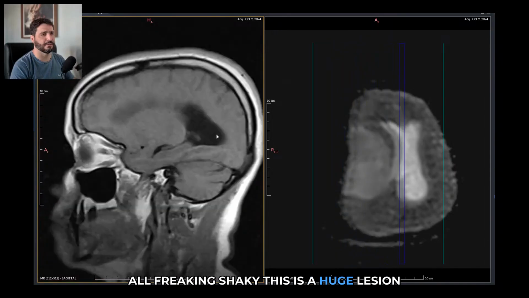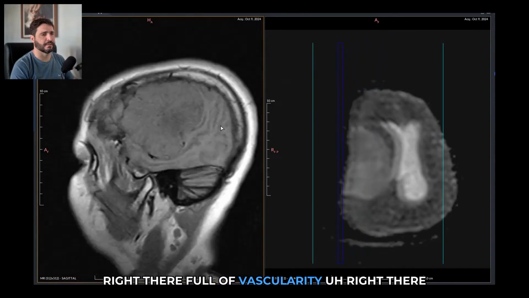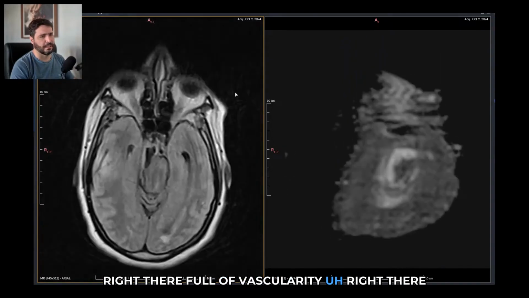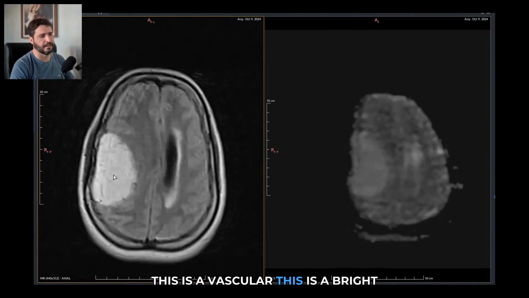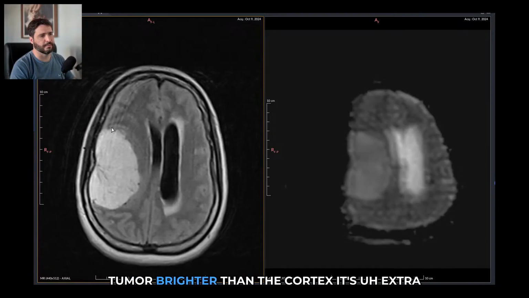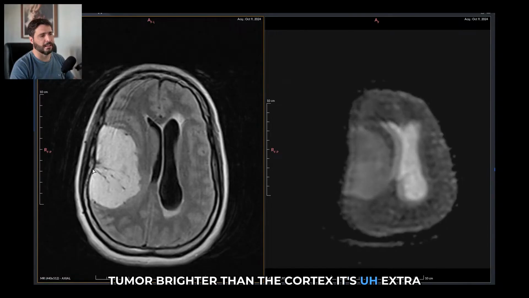This is a huge lesion right there, full of vascularity. Right there, this is vascular. This is a bright tumor, brighter than the cortex. It's extra-axial. It's outside of the brain on the frontoparietal region on the right.